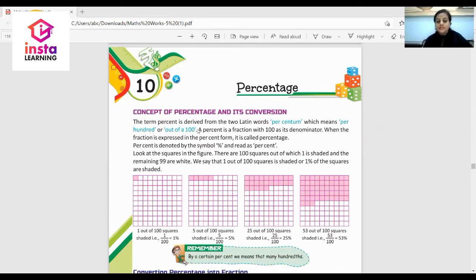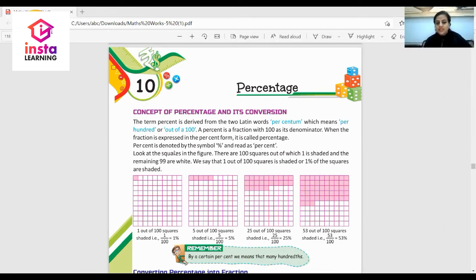The term percent is derived from two Latin words, per centum, which means per hundred or out of hundred. A percent is a fraction with hundred as its denominator, like x by hundred. When the fraction is expressed in the percent form, it is called percentage.